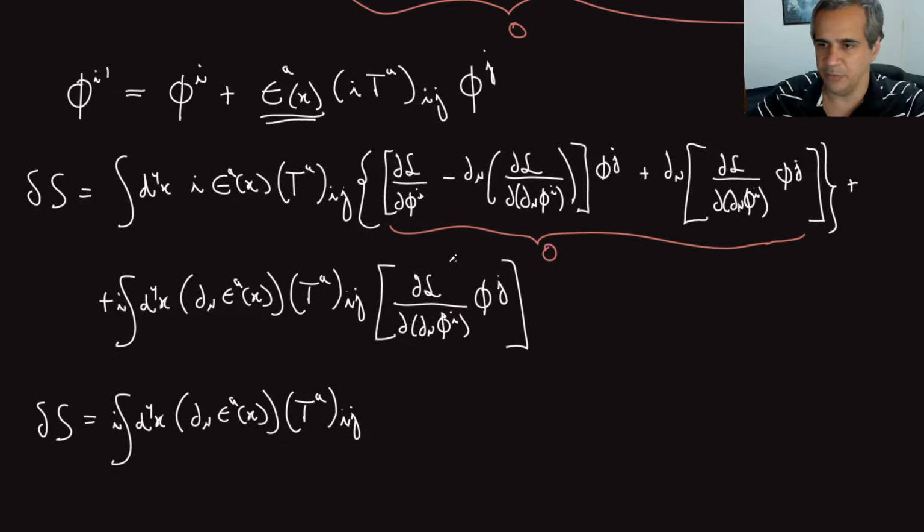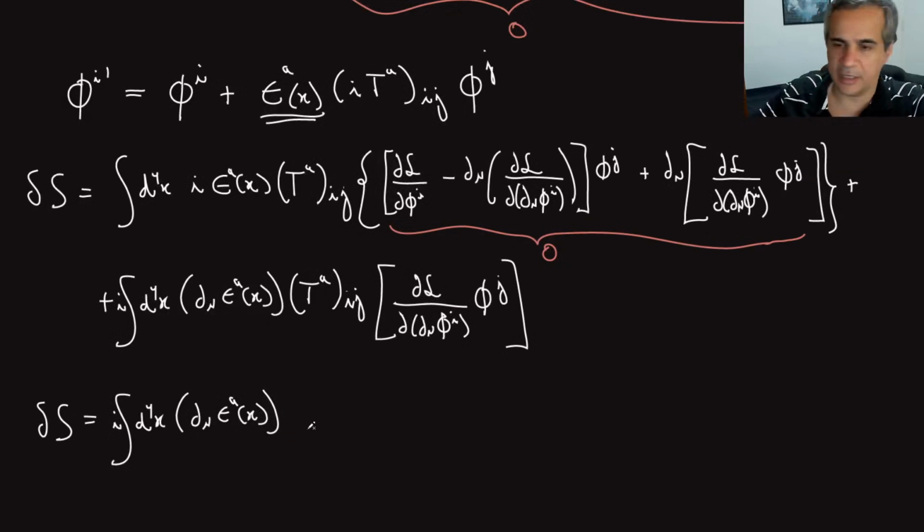In fact, let me do that. If I include the TA here, then I get J A mu of x. So the point of this trick was actually getting this equation. I was able to write the variation of my action in terms of the Noether current, right?